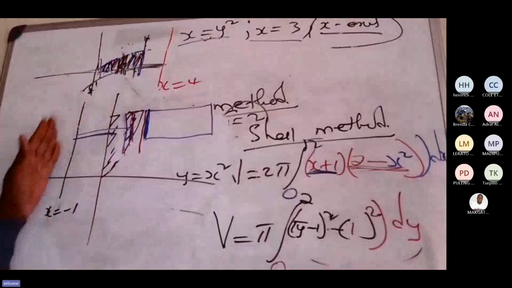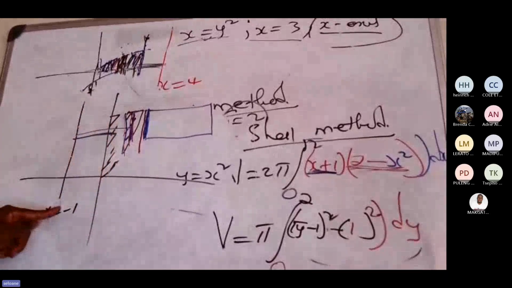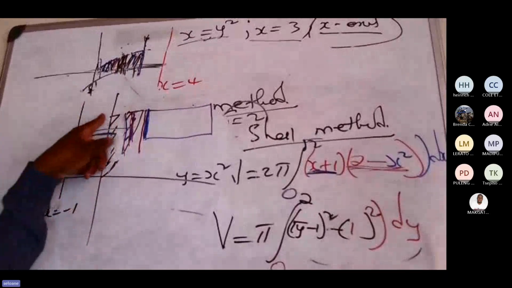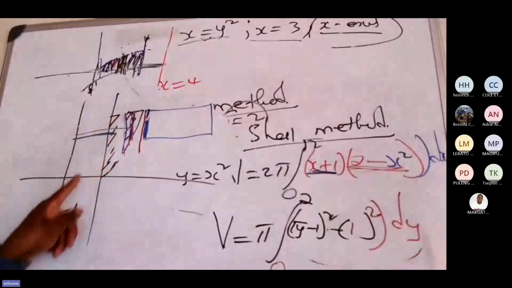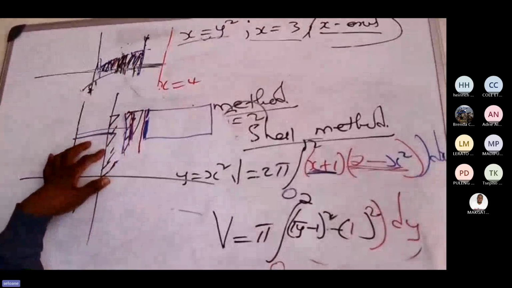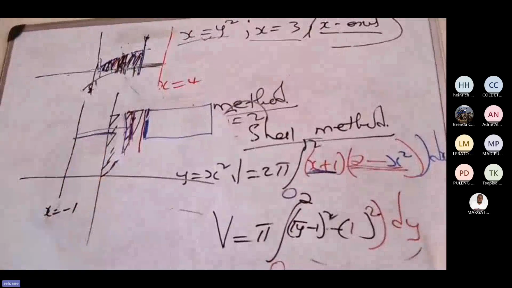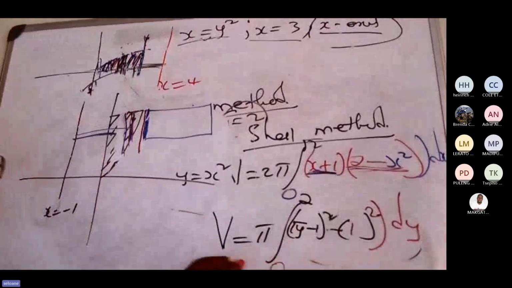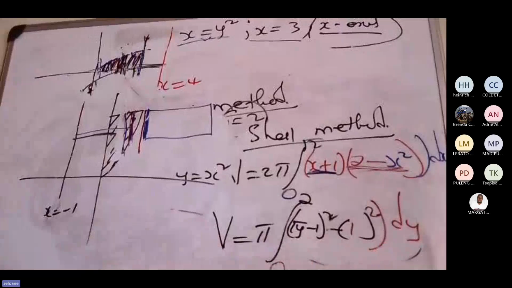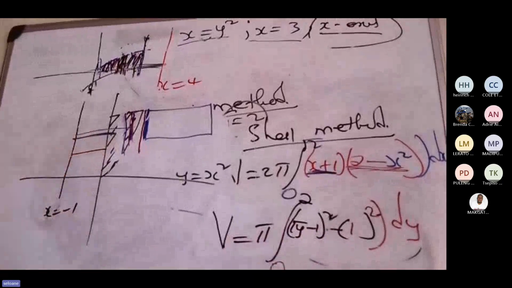Unlike here, the center is not part of the curves that enclose your region. Therefore, here the small r is not going to be 0 if you are using the disc method or the washer method. The small r is 1.